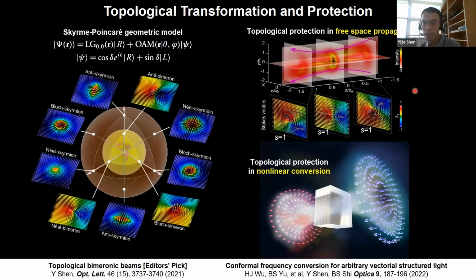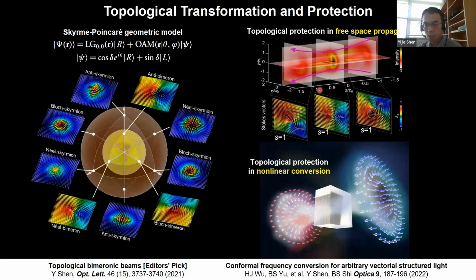If you design the Stokes skyrmion texture using our method on the transverse plane, you get the skyrmion pattern, and the light field can propagate along the z-axis. No matter how long it propagates, in each cross-section the topological number is very stable. You can see the skyrmion number cannot be changed, protected from propagation.